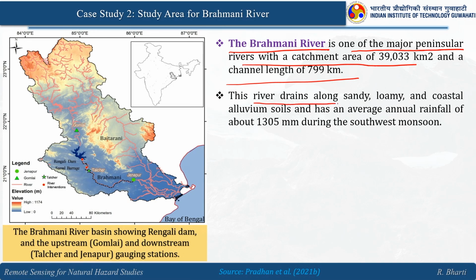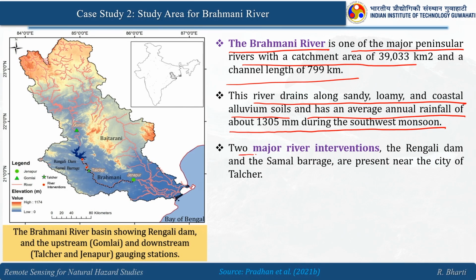This river drains along sandy, loamy and coastal alluvial soil and has an average annual rainfall of about 1305 millimeter during the southwest monsoon. The major river intervention, the Rangali Dam, which is here you can see, and the Samal barrage are present near the city of Talcher. So, this is the Talcher and near this you have one barrage and the dam.